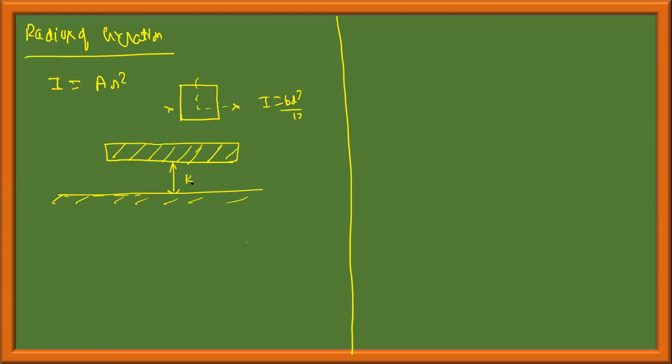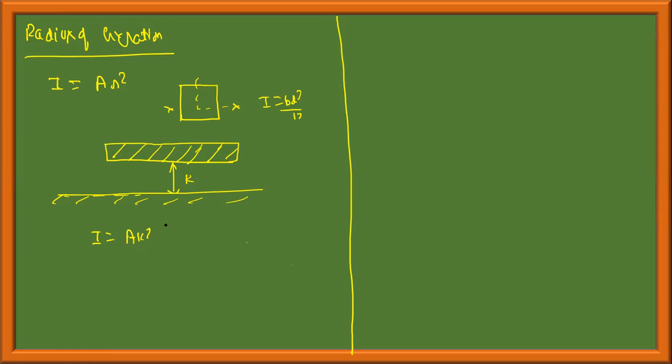When I say I is equal to A k square, this area into k square will give the same moment of inertia as that of the area of cross section. This distance k is called the radius of gyration. So if I keep this entire area squeezed at some distance k from the reference axis, it should give the same moment of inertia, BD cube by 12 or DB cube by 12.